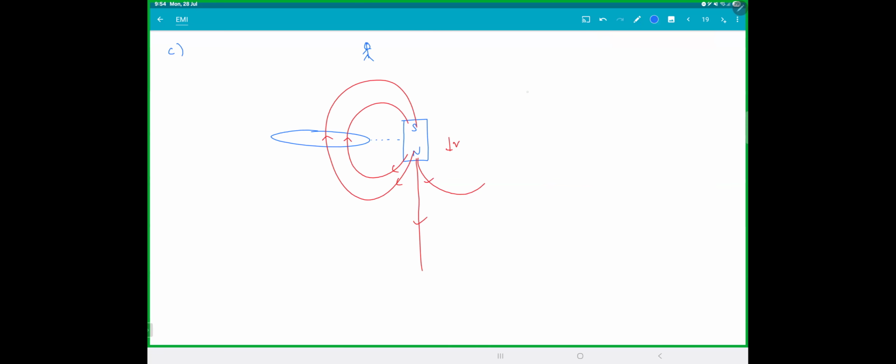So if it is going away, flux decreases. So B induced will support. That means B induced also will be up only. So this is looking at me. So this is anti-clockwise. Clear?